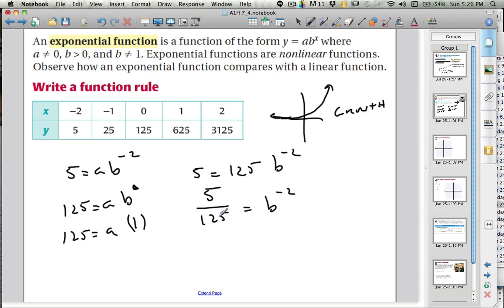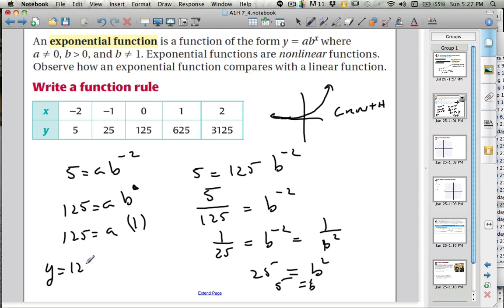And if I simplify this, this is going to be 1 over 25 is equal to b to the -2, which would also be equal to 1 over b squared. So then I know that b squared is equal to 25, so b is equal to 5. Okay, so when I write my equation, y is equal to a, which is 125, times b, which is 5, to the x power. Okay, and that's the rule right there.